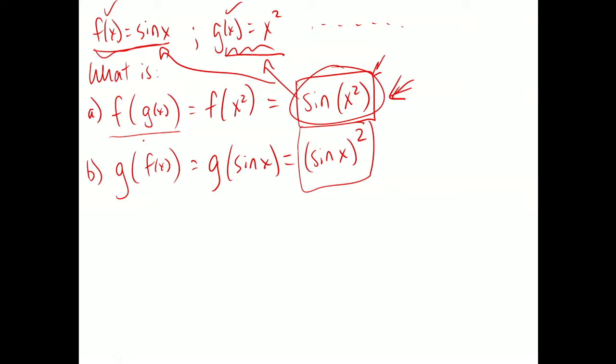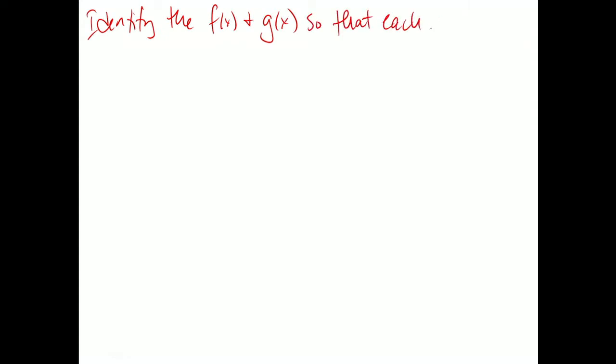Okay, so let me go to the next slide and give us a clear space here. So here's the question. Identify the f of x and g of x so that each of these looks like f with g plugged in.